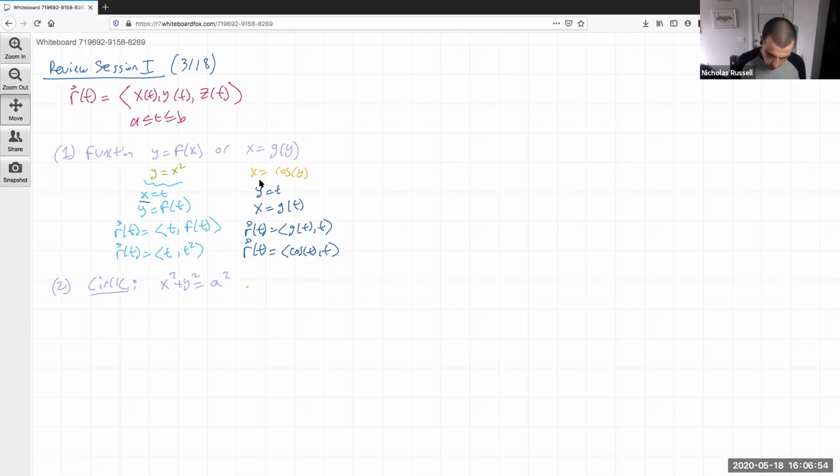My goal again is to find a variable that can describe what's happening all the time on this curve. If I have a circle, what's important to note is I'm always on a radius. I'm always on a circle of radius a. I'm always traveling around that area.